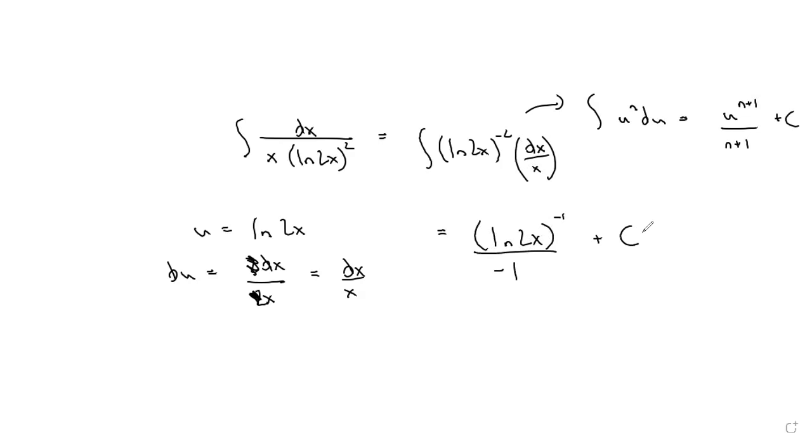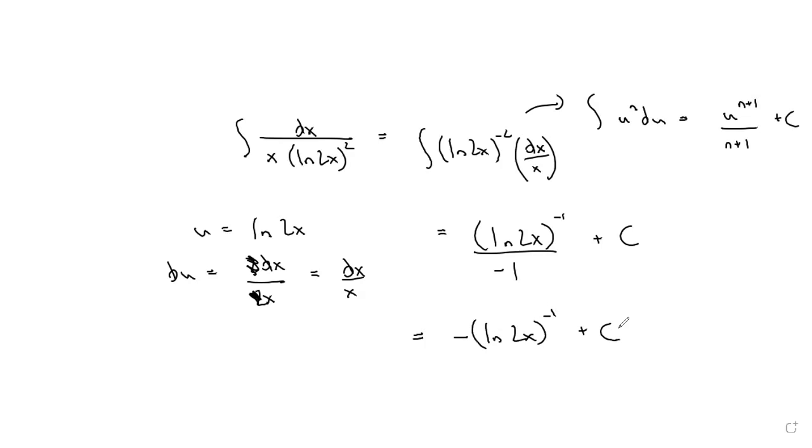Then, of course, you can clean this up a little bit. There's no point in having a minus 1 on the bottom, so you could just get rid of the 1 and put the minus on top. Let's do that for now, and then I'll see what else we can do. So minus ln of 2x to the minus 1 plus c.